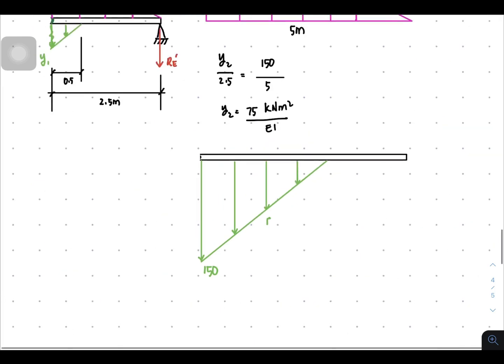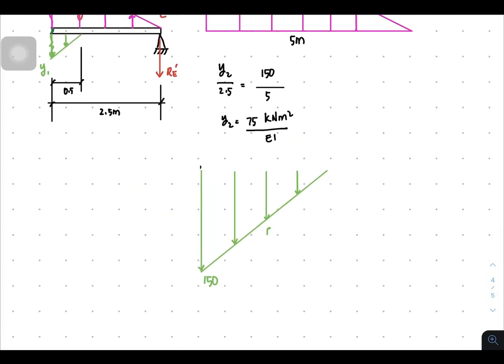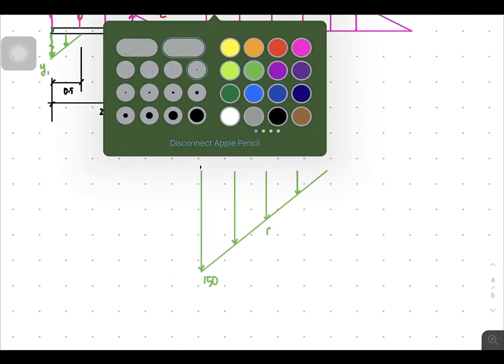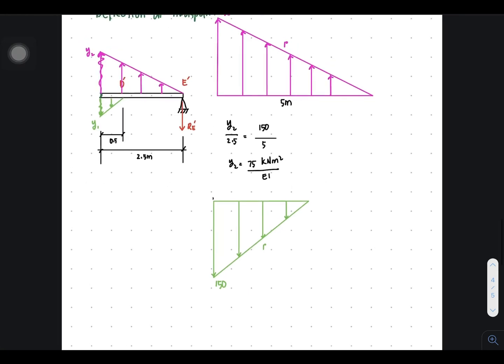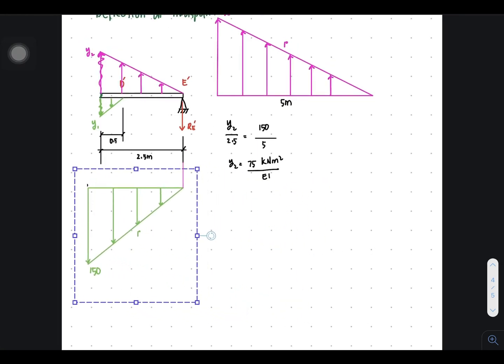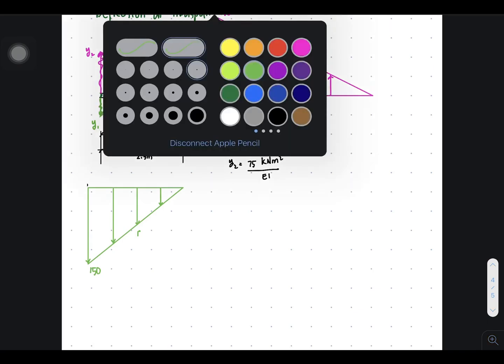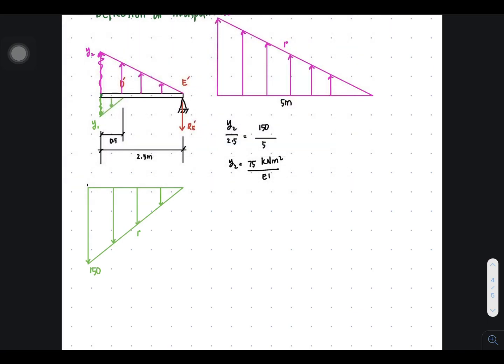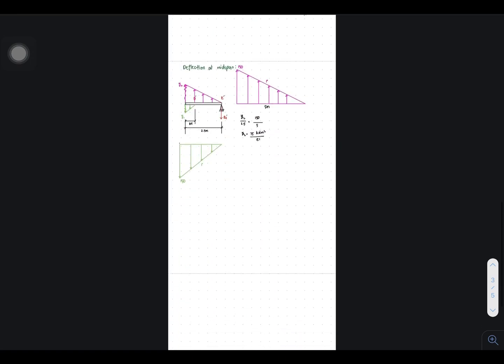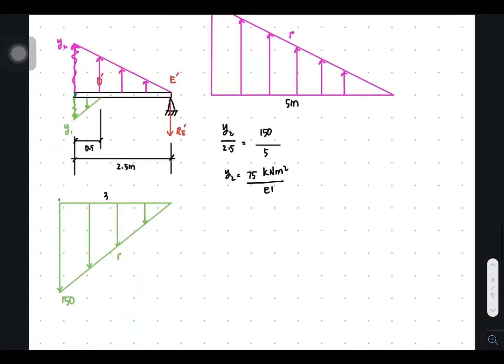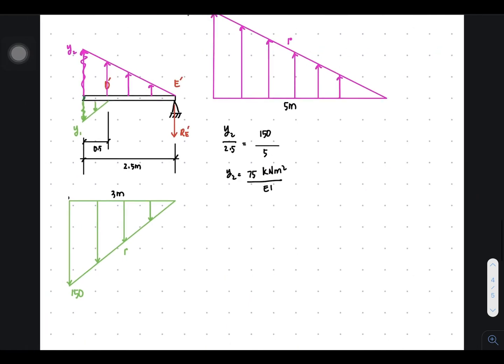And then this one. And that. Okay, so I'll just move it here. And by ratio and proportion, by the way, the distance here is, how much is the distance? It's 3 meters. So this is 3 meters.